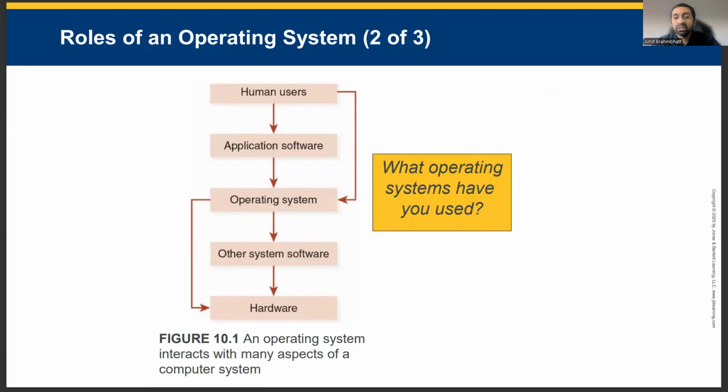The slide also asks us what operating systems we have used, and typical examples include Windows, Mac OS, Linux distributions like Ubuntu, and mobile OSs such as iOS or Android. Each of these systems performs the same essential functions: managing resources, running applications, and providing the experiences you interact with. The key takeaway is that the OS is responsible for keeping everything interconnected and functioning smoothly behind the scenes.